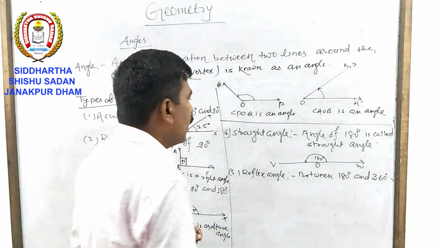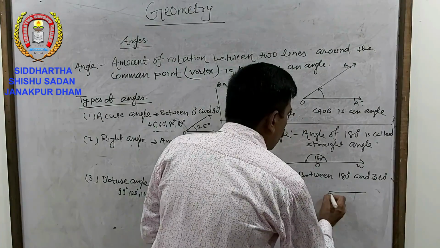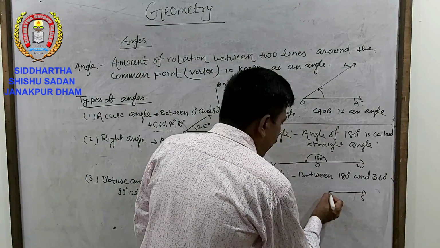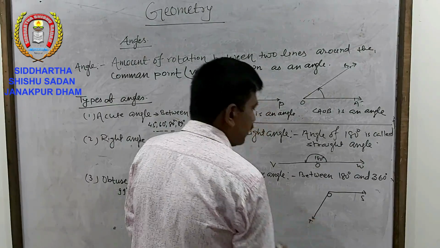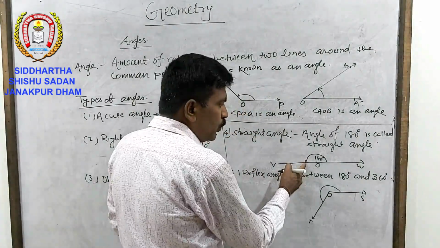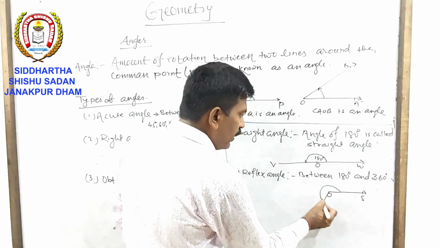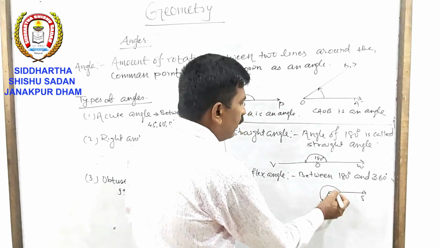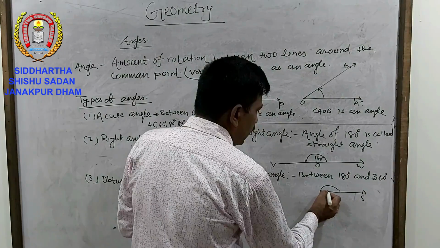Now suppose here is OS and another line is OT. Then this much angle. Now see, up to here is 180, and now this angle is formed greater than 180. Suppose this much angle is 200 degree. For example, this is 200 degree.